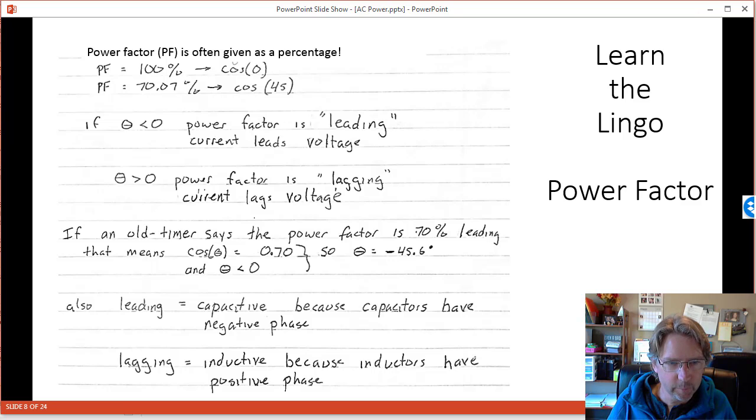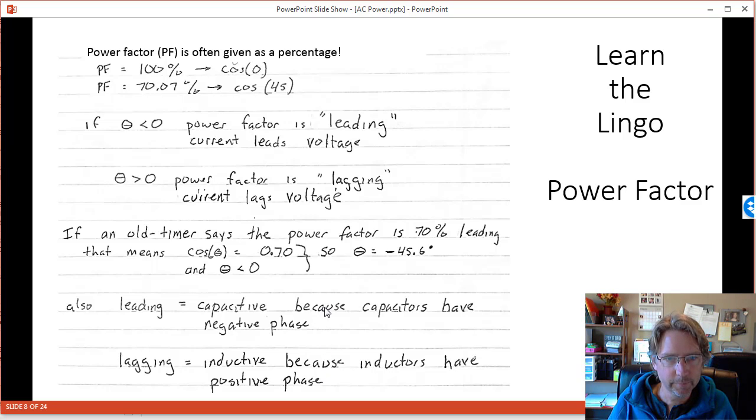So you have to know the power factor and whether it's leading or lagging to get the sign. Although that's already complicated, there's one more way that people talk about it. Leading, which is theta less than 0, is also called capacitive, because capacitors have theta of negative 90. And lagging is also called inductive, because inductors, or things with mostly inductance, will have a positive phase angle.